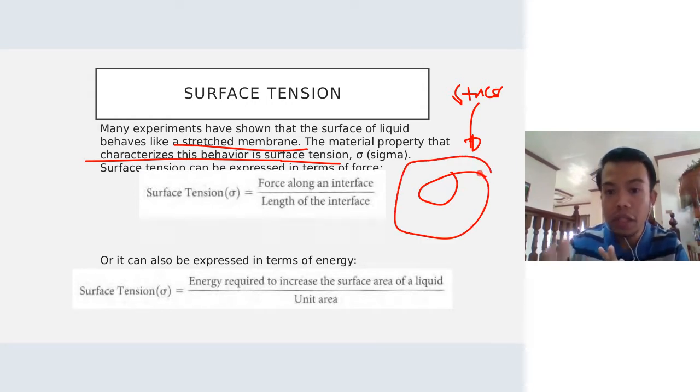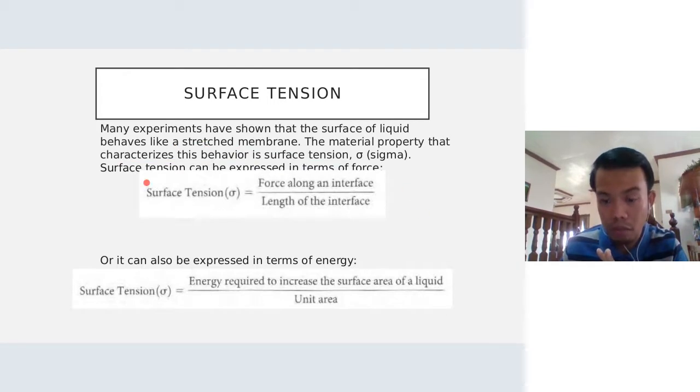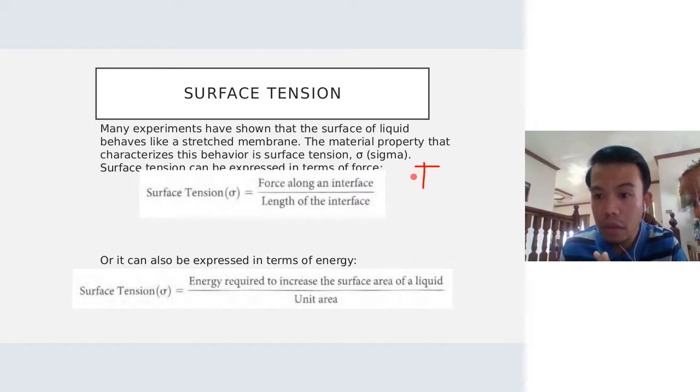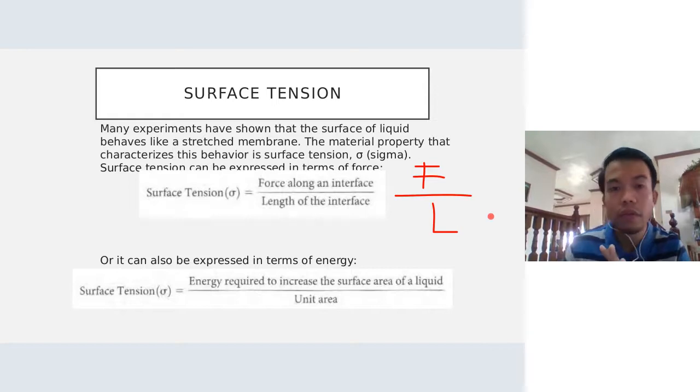And surface tension can be expressed in terms of force. So let us look at this equation. Surface tension is equal to the force along an interface over the length of the interface. Okay? So, what will be the unit of surface tension?